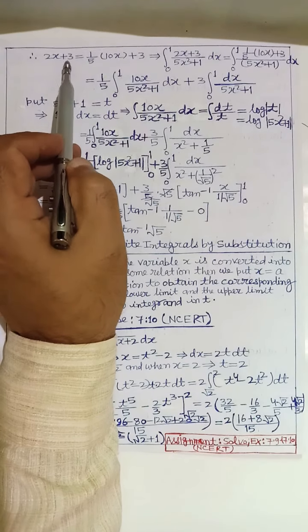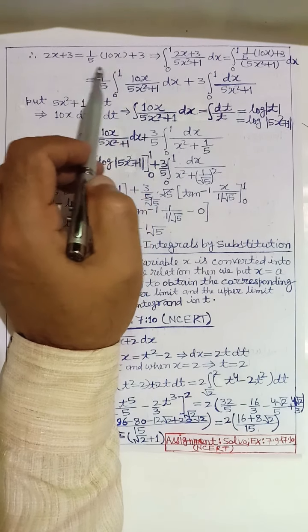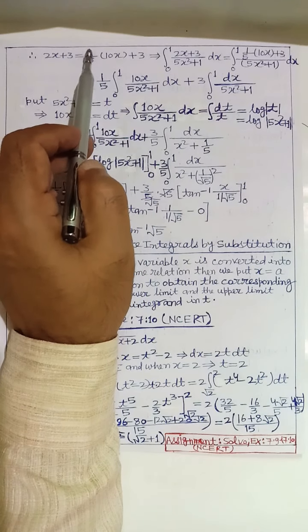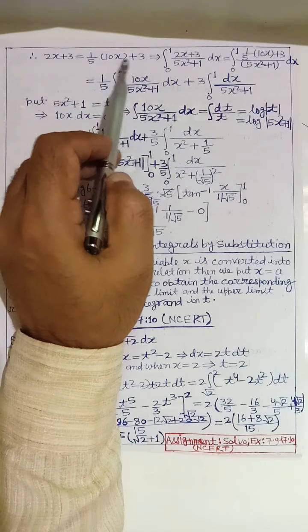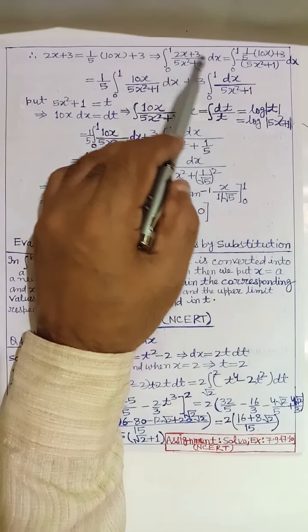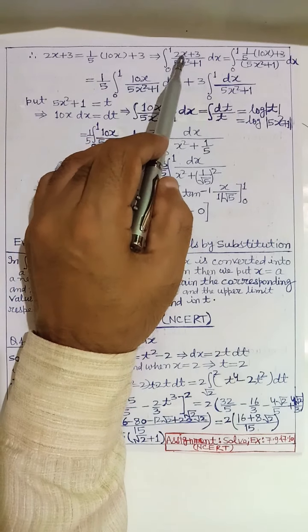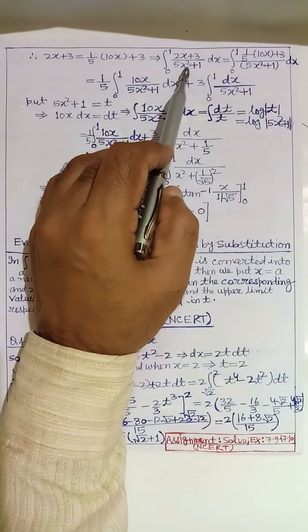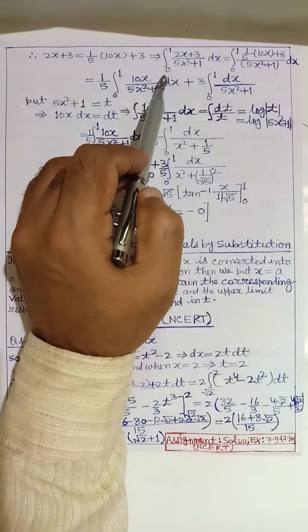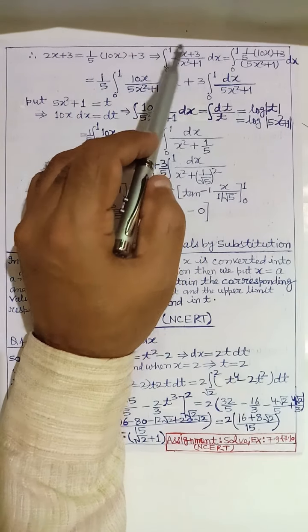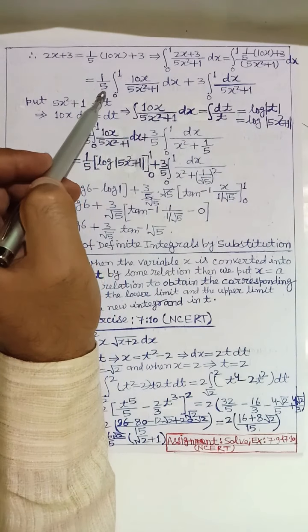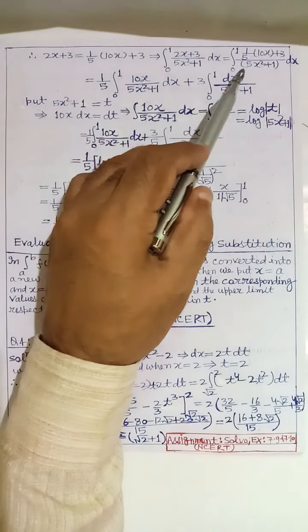So 2x plus 3 equals 1 by 5 into (10x plus 3). So finally we can write the integral of (2x plus 3) by (5x square plus 1) dx from 0 to 1, and we solve here.